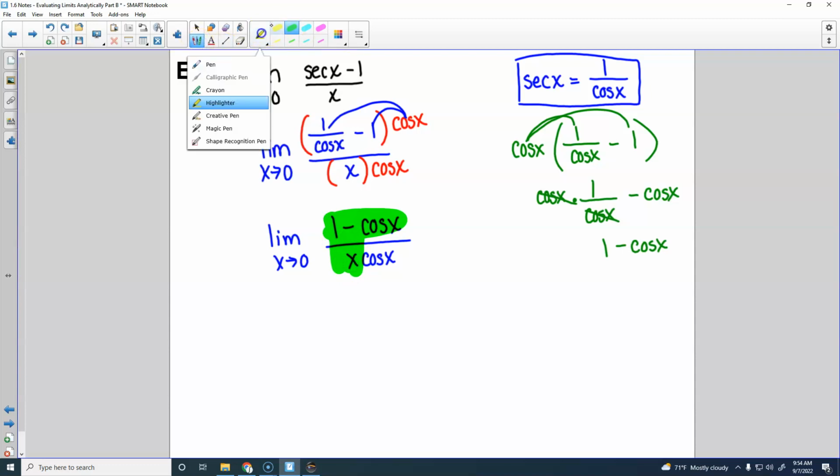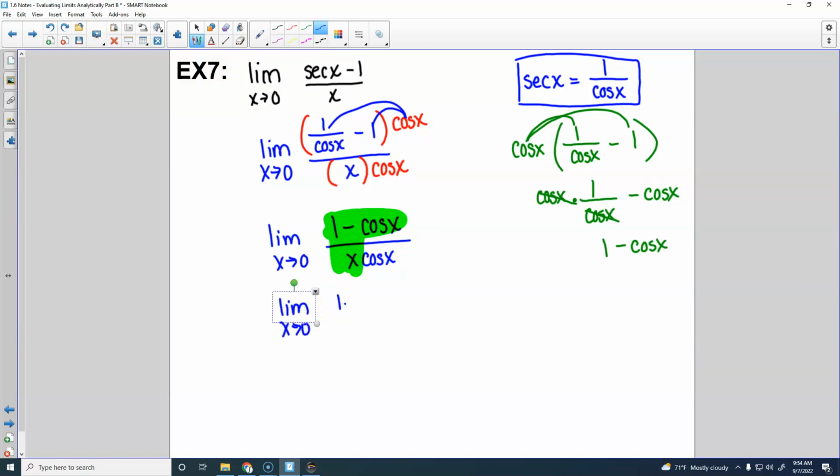We can do that because it's the entire numerator, and then I can put that over x. And then I could write this part as 1 over cosine x. If you're not sure if you've done it right, just think about multiplying it back, see if you get the same thing you started with.